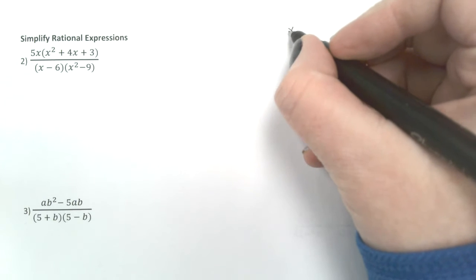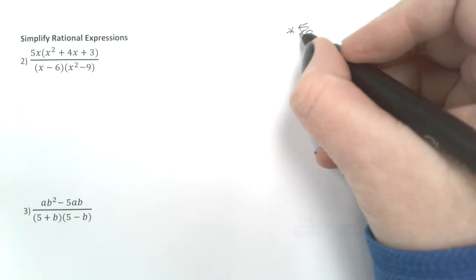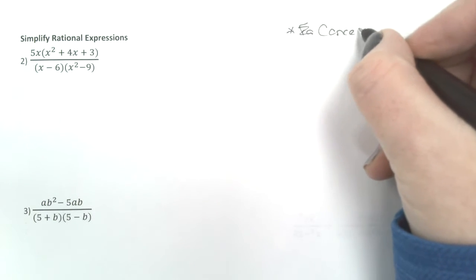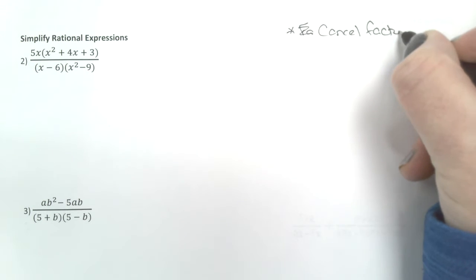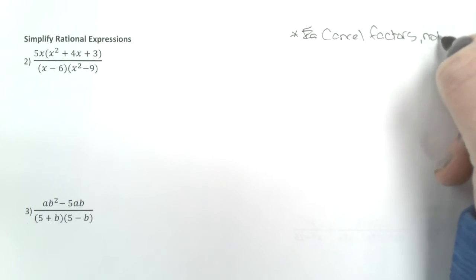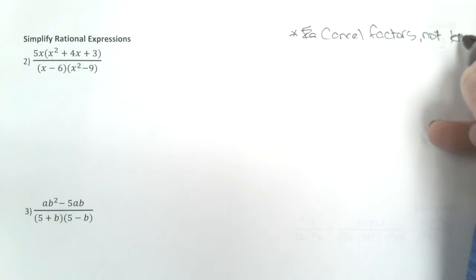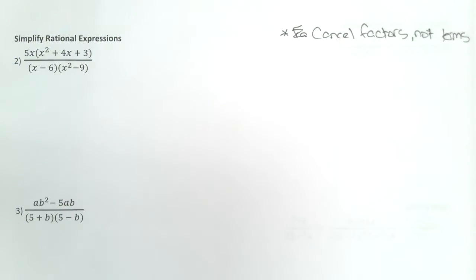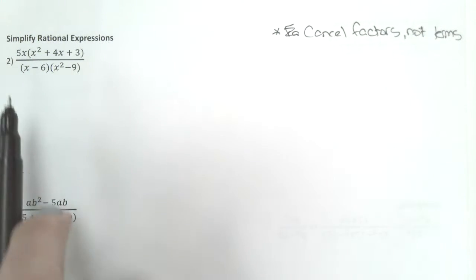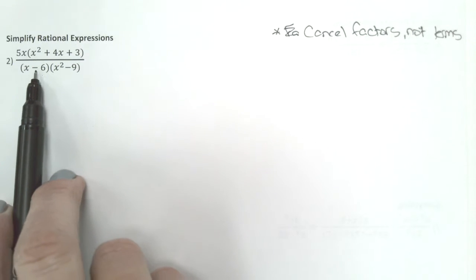We're going to simplify now some quadratics. The key here is that you cancel factors, not terms. So like x minus 6 is a factor.